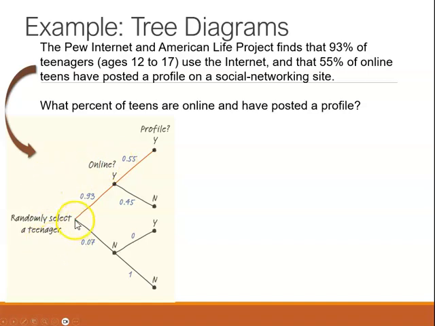So if I draw a tree diagram, online 93% and 7%, posted a profile 55 and 45, and if you're not online, you can't post a profile, right? So it's just 0 for yes and 1 for no. So we're looking for this branch here, 0.93 times 0.55. Everybody's okay with that?